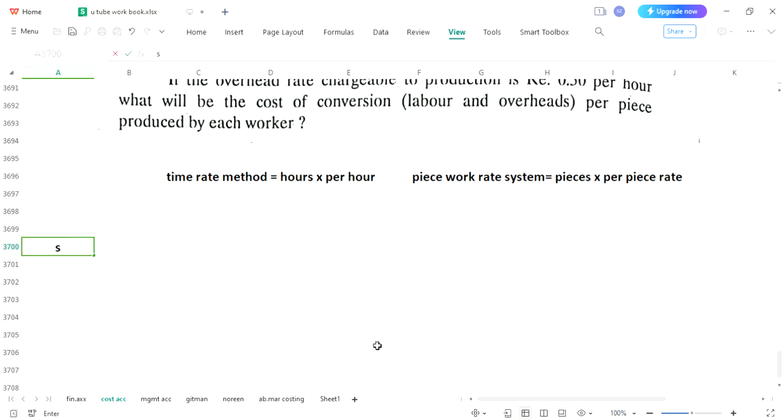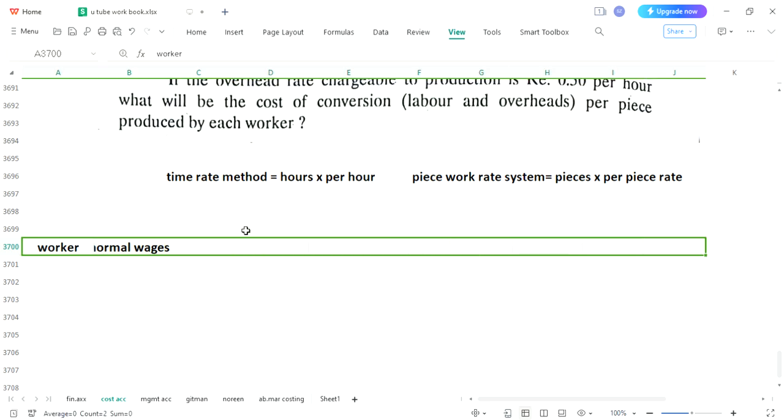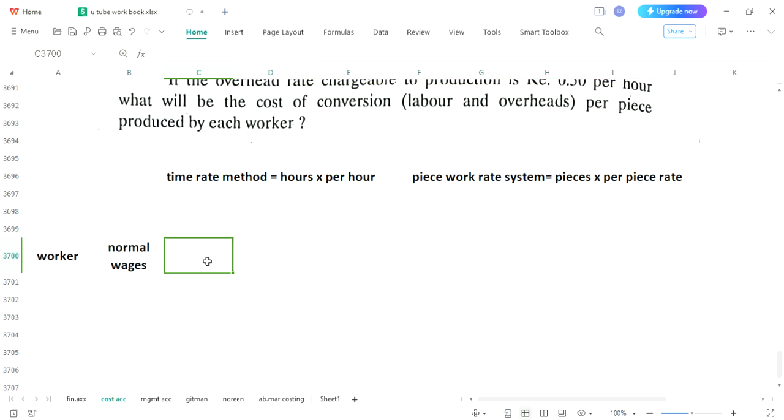So first we will divide it by workers and see what the normal wages are, and let me design it accordingly so that we do not have any trouble. Then we will see if somebody is eligible for bonus.